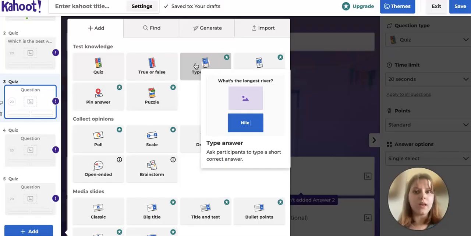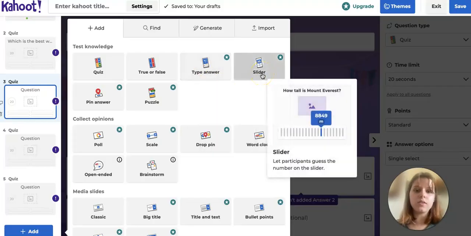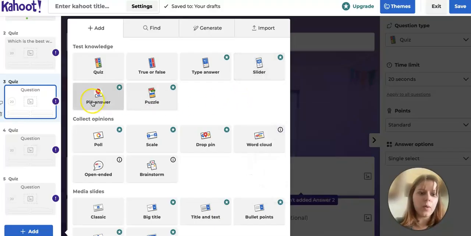You can use type answers, which I've never used, but this is really interesting, so I might in the future. Sliding. So you can do a question about the tallest mountain in the world, Mount Everest. Okay, and then you have the minimum, which is 10 feet tall, and the maximum, which is 1,000,000 feet tall, and we'll see who can get the closest, which I think that's fascinating as well.